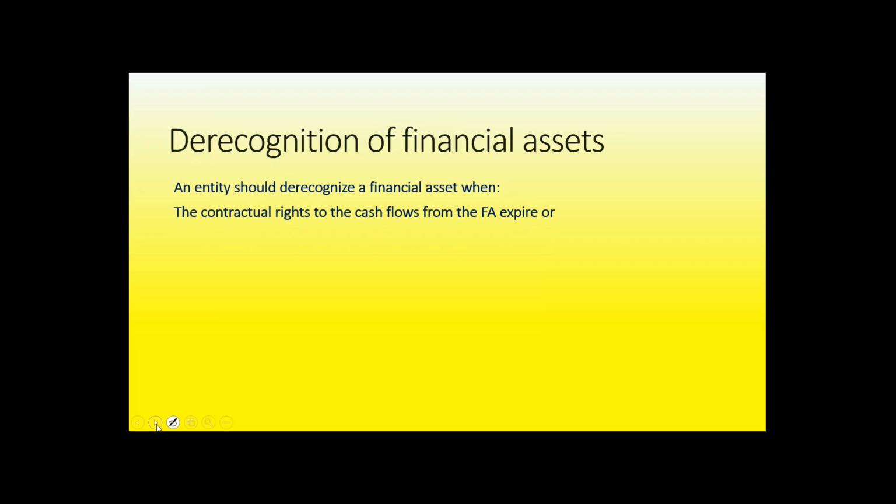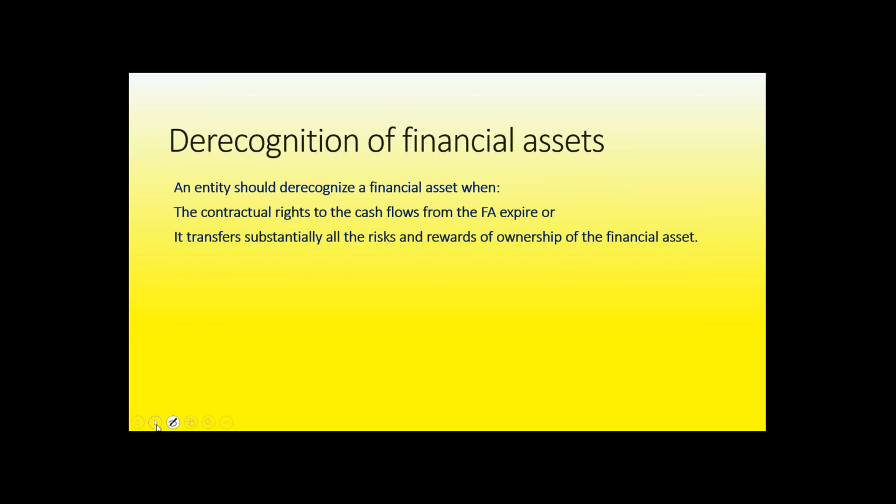When 2020 comes up, you have no right to receive any more money. You must at that time remove the asset from your balance sheet, because your contract is over.